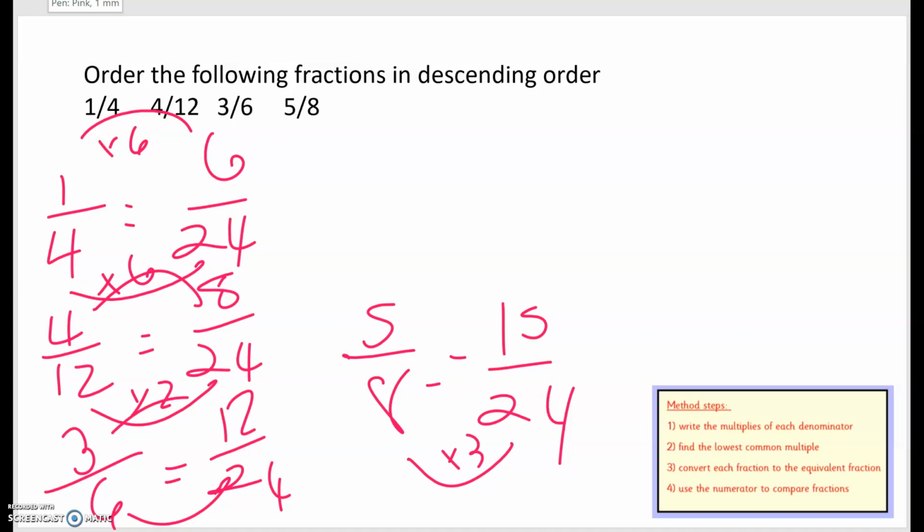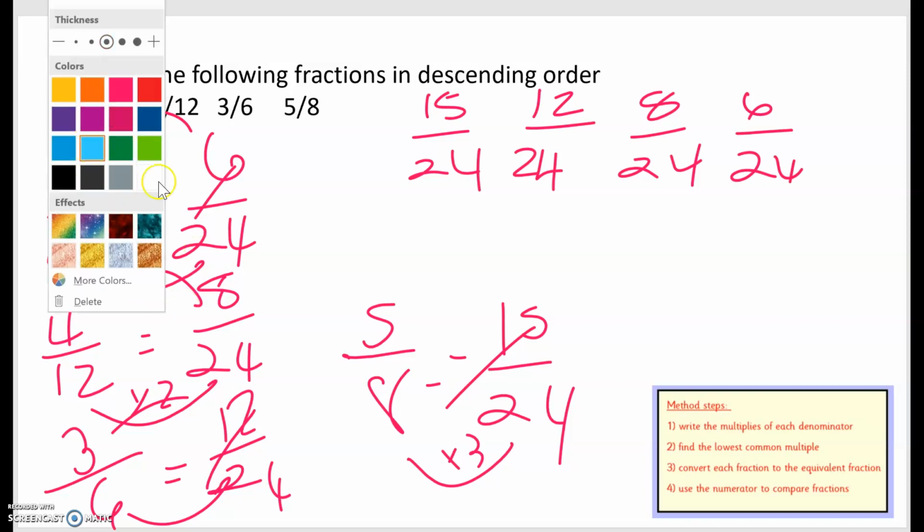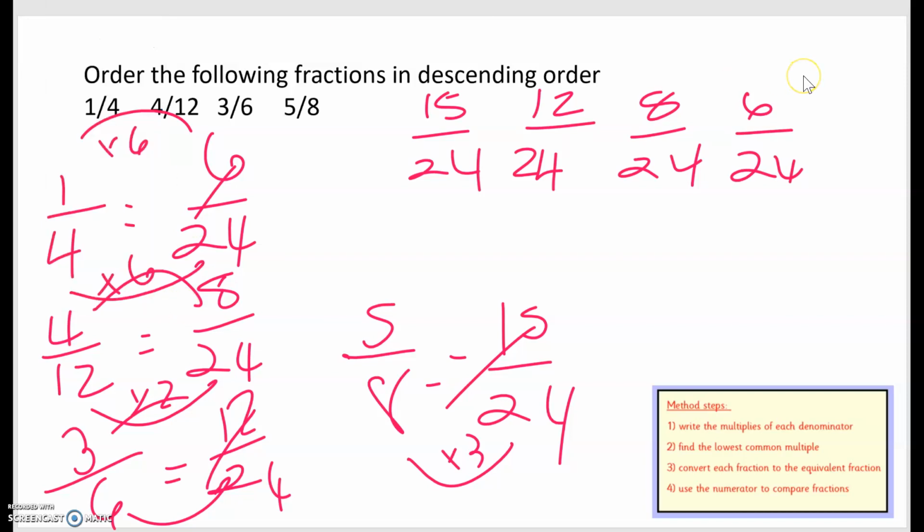So 15 24ths was my biggest chunk, then 12 24ths, then 8 24ths, then 6 24ths. Now I've got them written as 24ths, I can write them underneath in their original form. So we should have had 5 8ths, then 3 6ths, then 4 12ths, and finally 1 quarter.